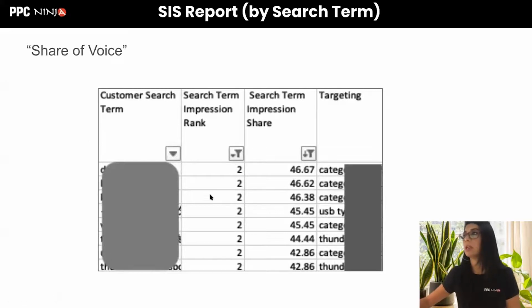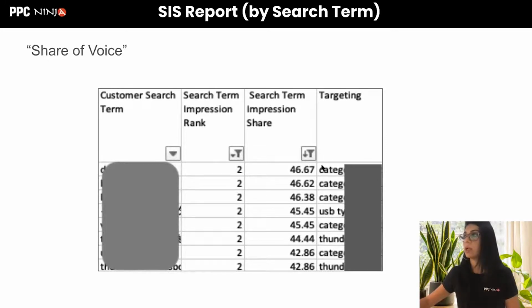So this is what it looks like. Like I said, this report is by search term, right? Here are the customer search terms. And here is the search term impression rank. And here is the search term impression share, which is, of course, a percentage. So 46% of the impressions for that keyword went to this account, right?